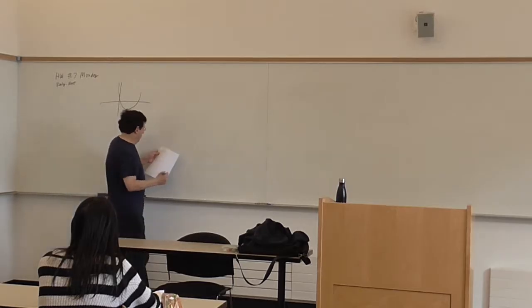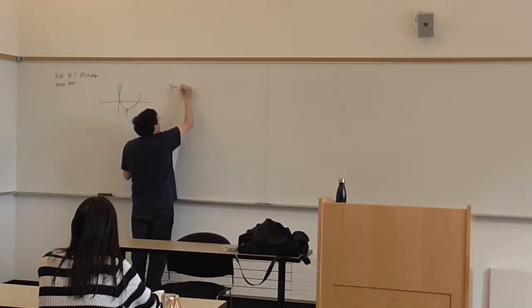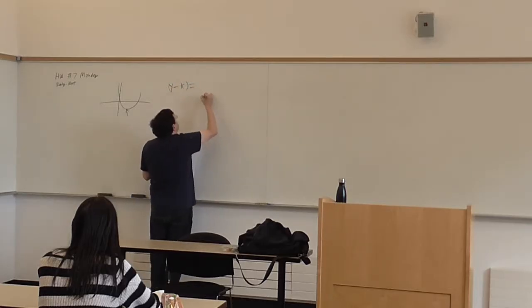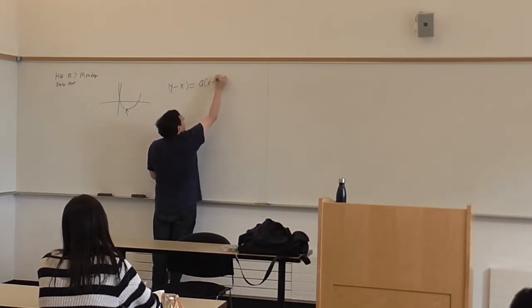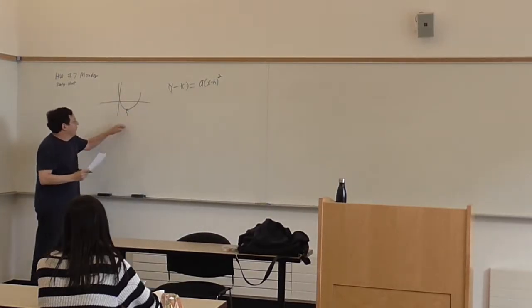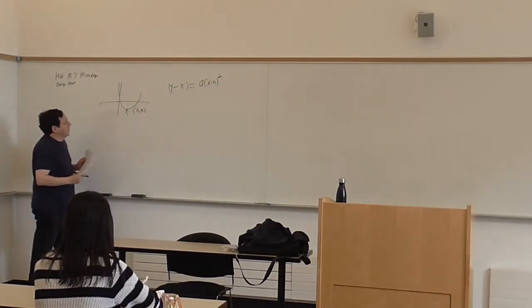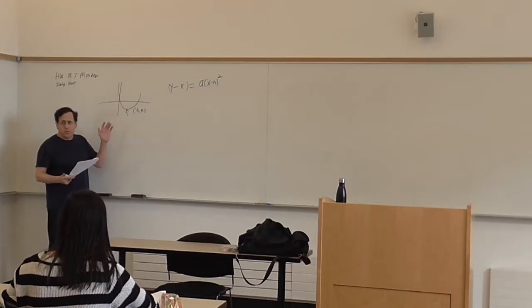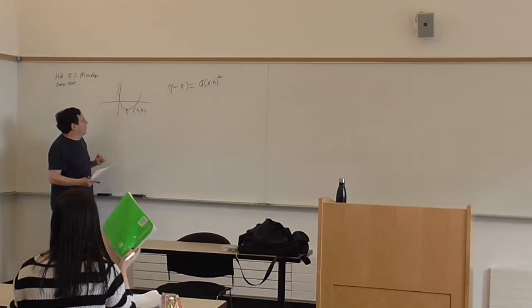And you'd like to put the equation in the form y minus k equals a(x minus h) squared, so that we know that h and k are the coordinates of the vertex. And then there are other things we can do, such as look for the roots.